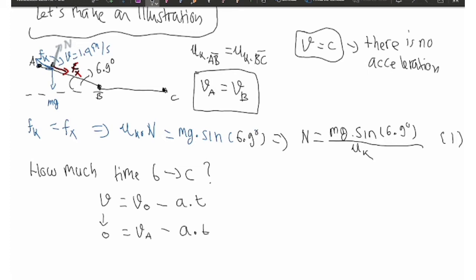So we get va equals a times t, or we can rewrite this equation as t equals va divided by a. So the next question is, what is a?